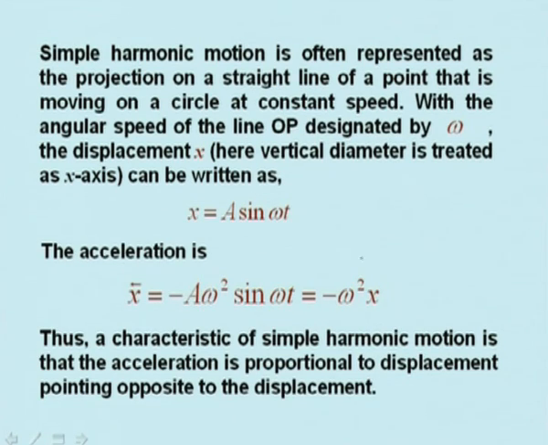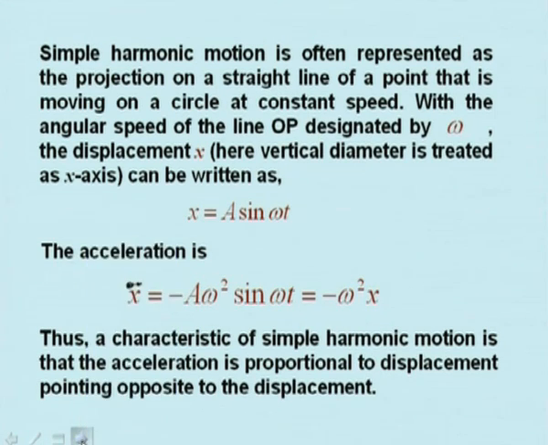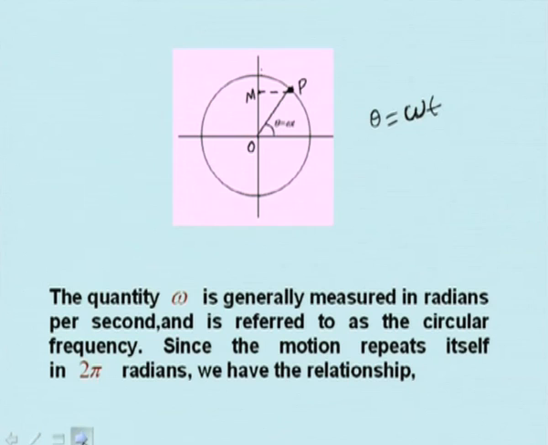If x is equal to a sin omega t, then x double dot, the acceleration, will be minus a omega square sin omega t, that is minus omega square times x. Therefore, in a simple harmonic motion, acceleration is proportional to displacement, pointing opposite to the displacement, that is, pointing towards the origin, whatever you have taken.